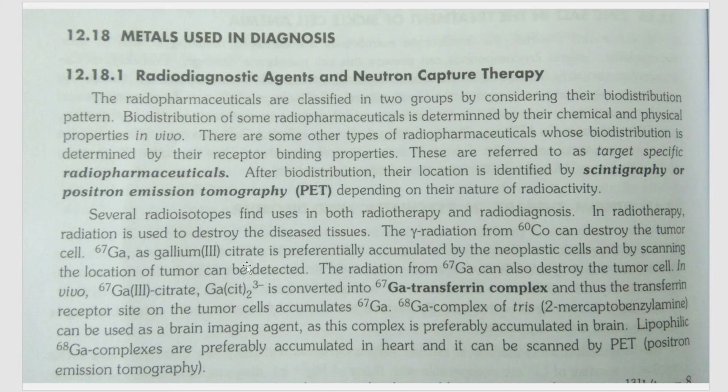Gallium citrate is sent into the body, converted into gallium transferrin complex, and the transferrin receptor sites accumulate this gallium-67 in the tumor cells, and that is how gallium-67 can detect the tumor, how big the tumor is, and where exactly it is, and also destroy the tumor cells.